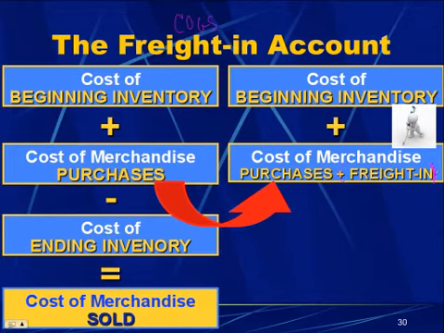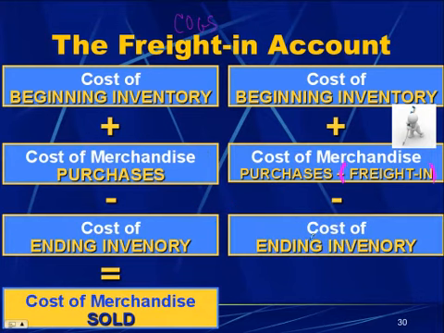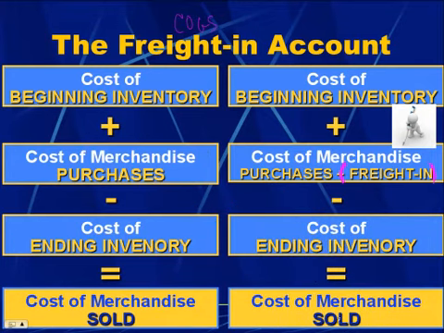So we're going to add that freight cost here because it adds to the cost of getting that merchandise into our store. That's the slight change. Less ending inventory equals cost of merchandise sold, cost of goods sold.